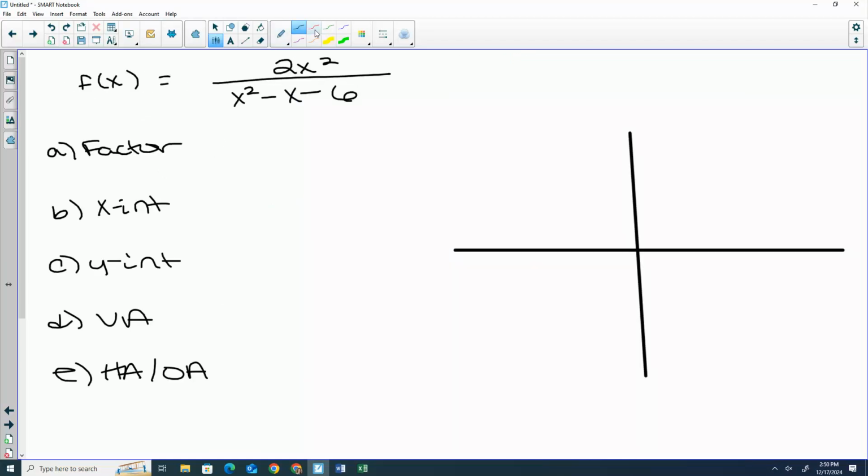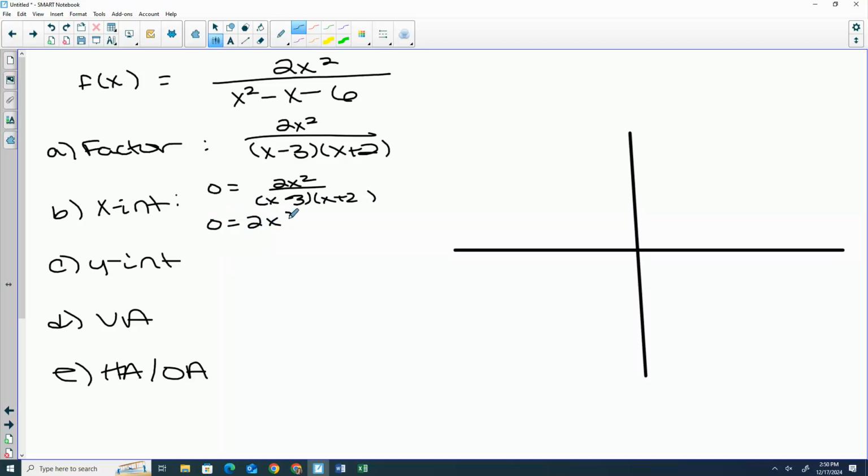Okay, so factoring, the top you can't really do much. What do you do at the bottom? X minus 3, x plus 2. How do you find an x-intercept? Put in 0 for your y. Which then when you multiply over the bottom, it's really just when the top of the fraction is 0.